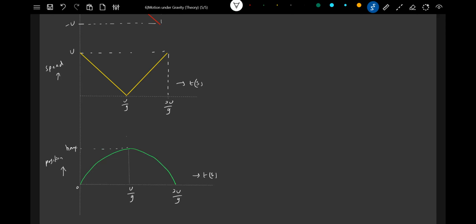Now with whatever speed it was projected, with the same speed it is going to come and strike. So therefore, if you take this angle theta 2, theta 1 must be equal to theta 2. What about the highest point? What should be the slope of the tangent drawn at this particular point? It should be 0, because it will come to instantaneous rest here. So this will be the position versus time graph.